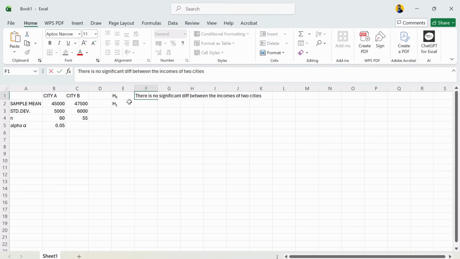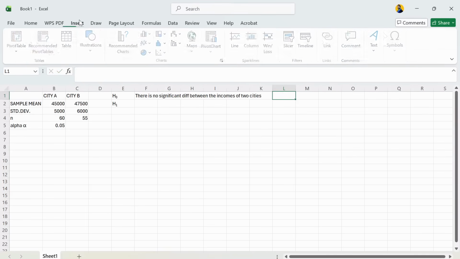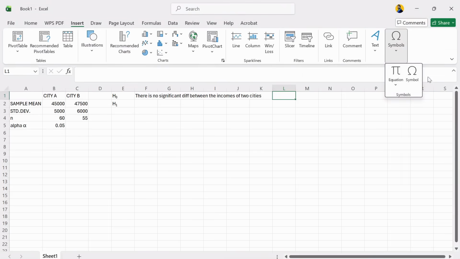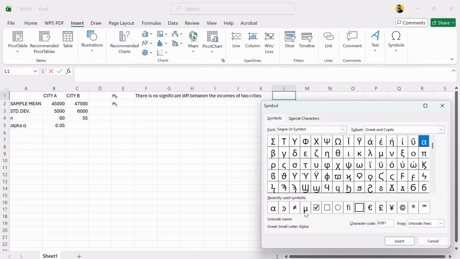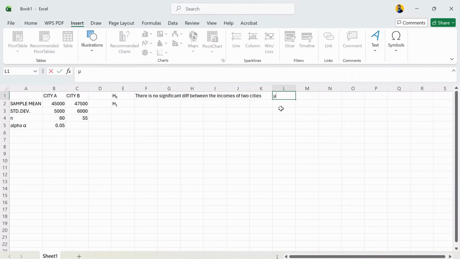So this is our null hypothesis where we have stated that there is no relationship between those variables, right? There is no significant difference. That means both the terms are equal. If I have to mention this in a term, I will put a symbol, and I will use mu, and I will select insert. So mu one is equal to, because I need the same thing, so I will just copy now.